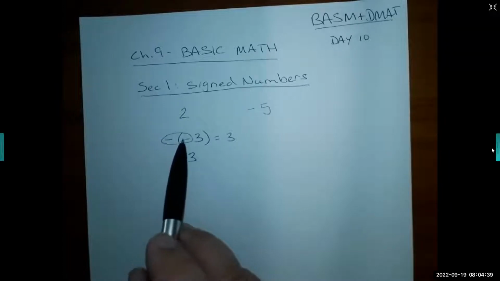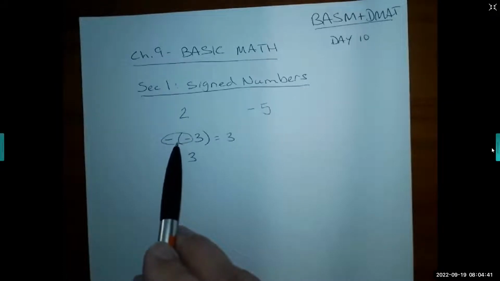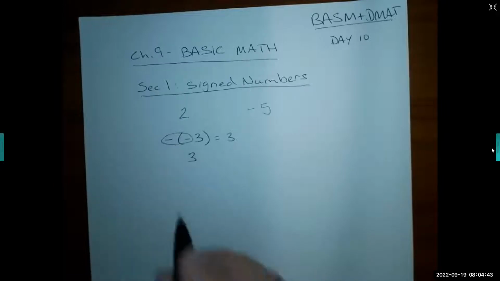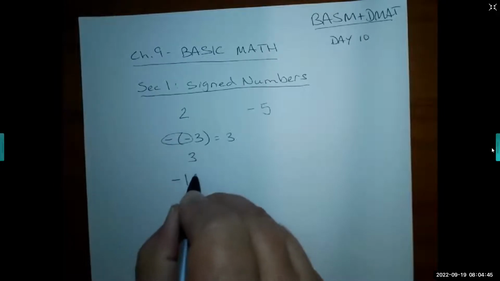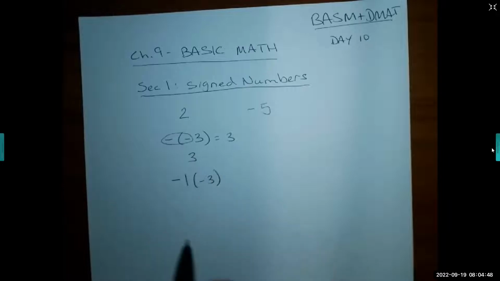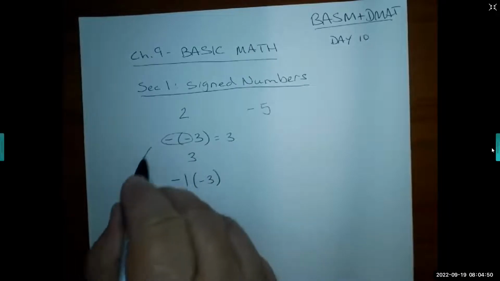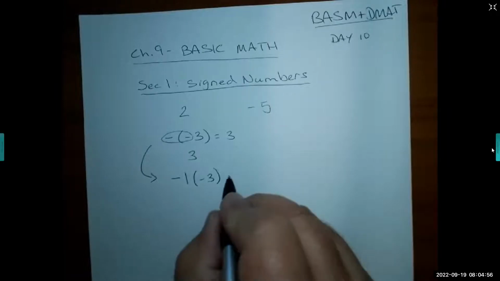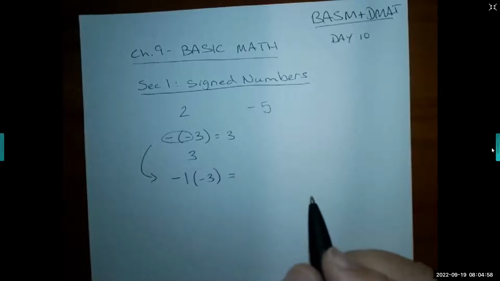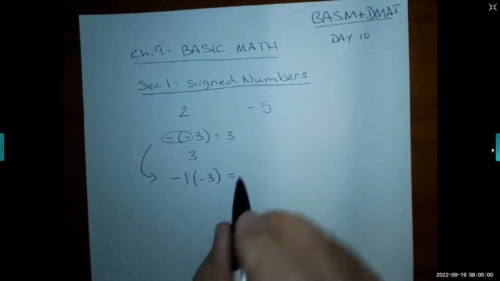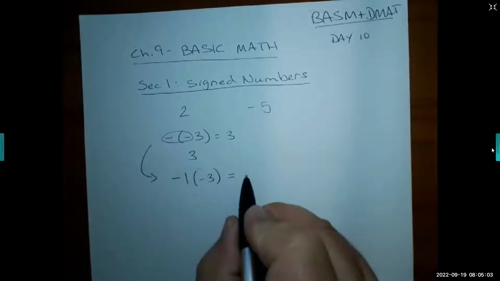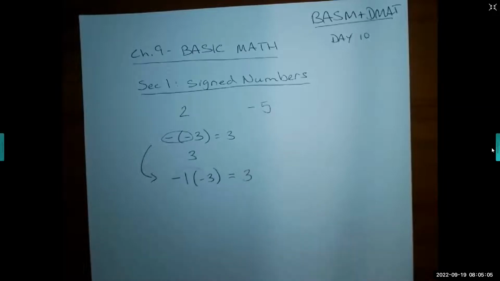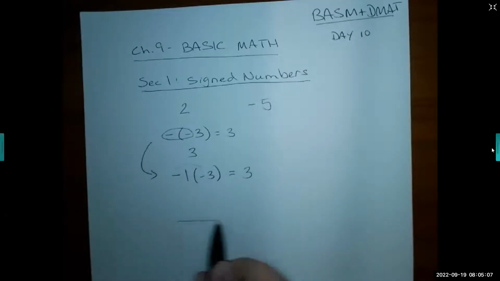Multiplication. If you're doing multiplication, what number is there? Right. So what this really means is that. That really means this. So negative and negative becomes a positive. 1 times 3 is 3.